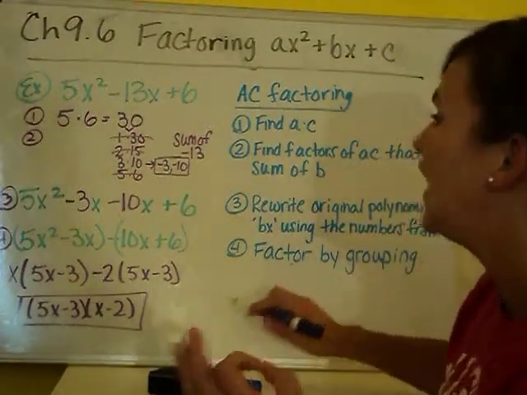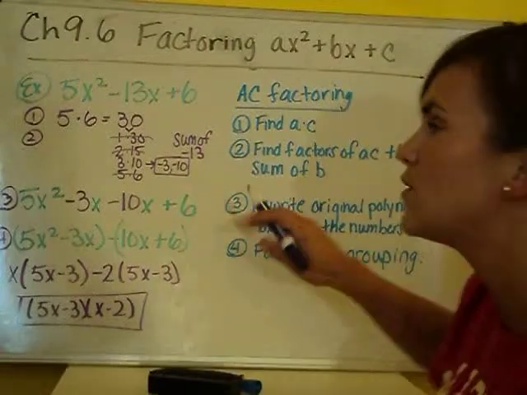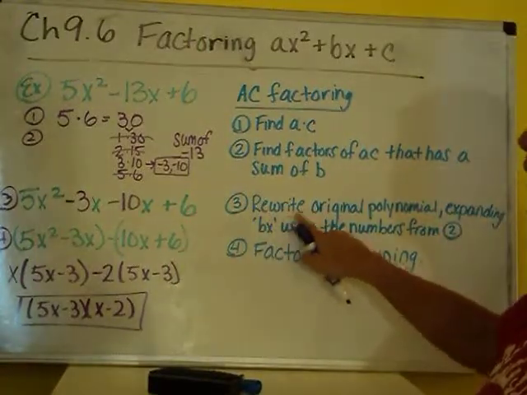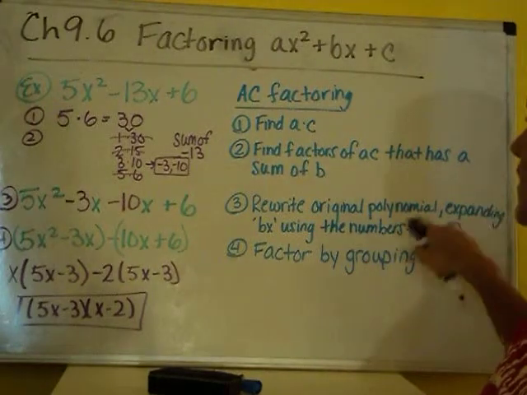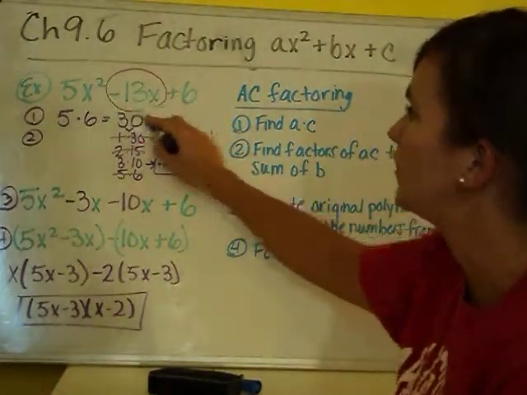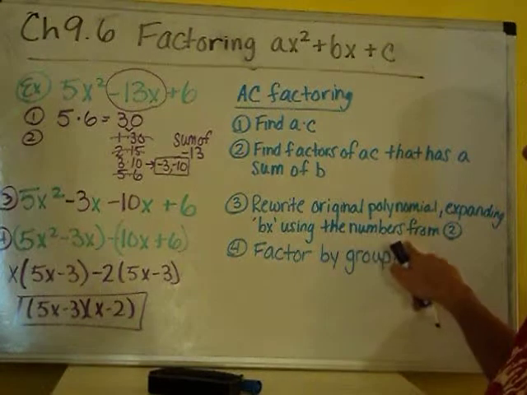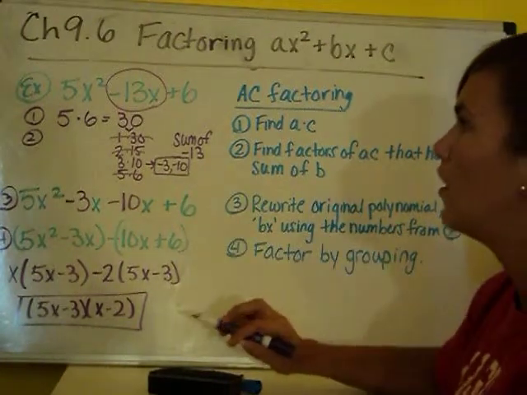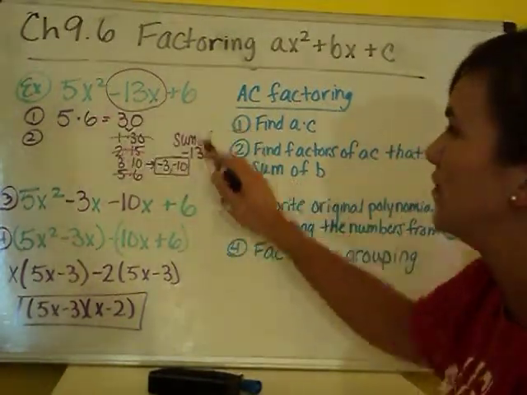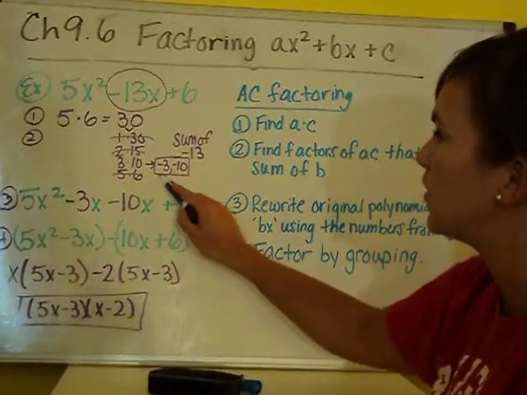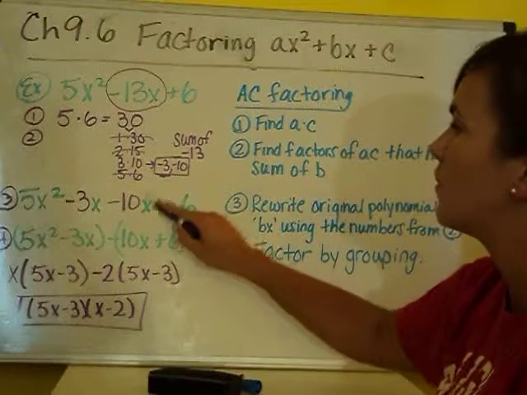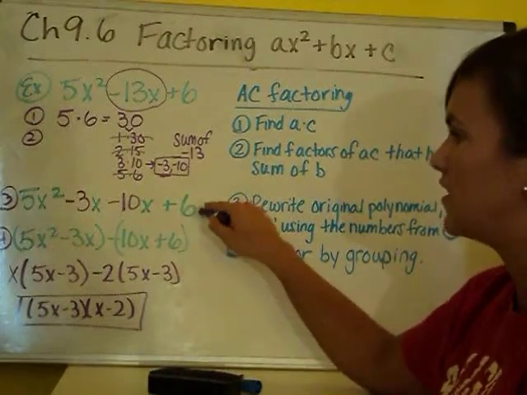Here's the difference. Instead of just setting that up in your brackets, what we have to do is rewrite the original polynomial, which is this guy, but we're going to expand this term, the bx, using the numbers from step 2. Okay, so we're going to rewrite this whole thing, but instead, we're going to have 5x squared, we're going to use these terms, minus 3x, minus 10x, plus 6.